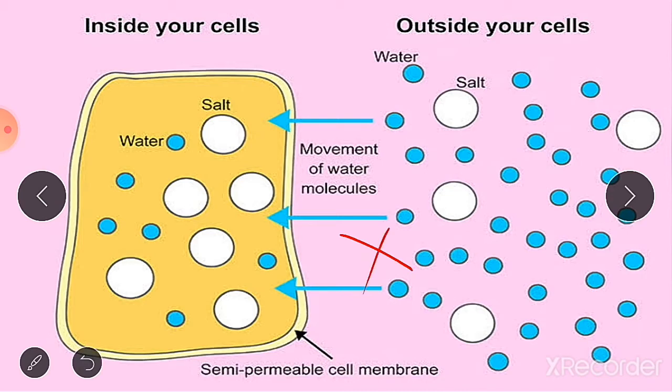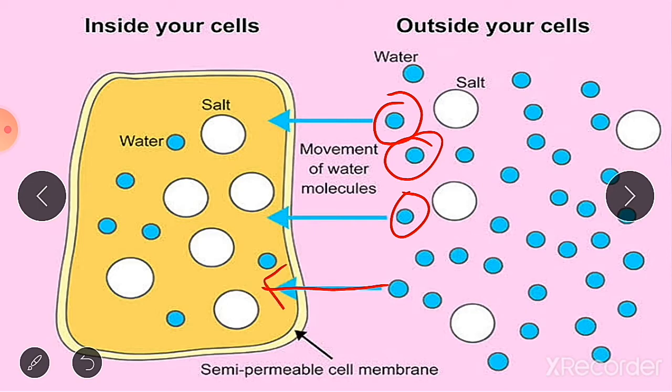There is no energy needed for this process of osmosis. Here you can see the molecules of water, these blue color water molecules, they move inside the cell when there is low water concentration inside the cell and high water concentration outside the cell. So this is the process of osmosis.